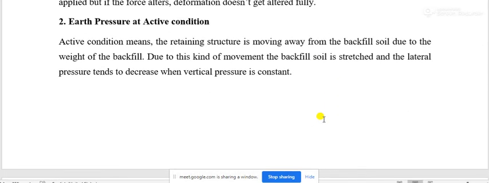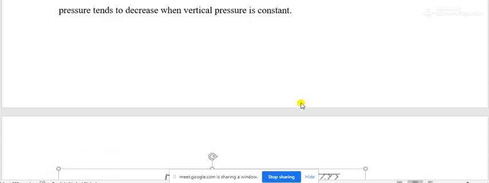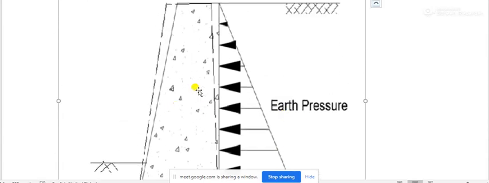And as this wall tends to move, maybe you can consider that there is a slight movement of this wall, or there is a slight gap between the original back surface and the new back surface position. There is a slight gap, but after creating this slight movement, this wall will come to at rest condition again.